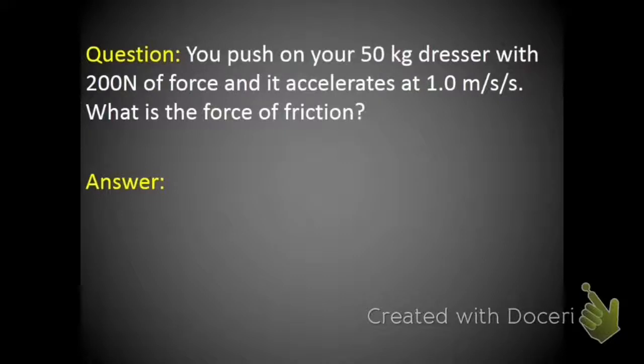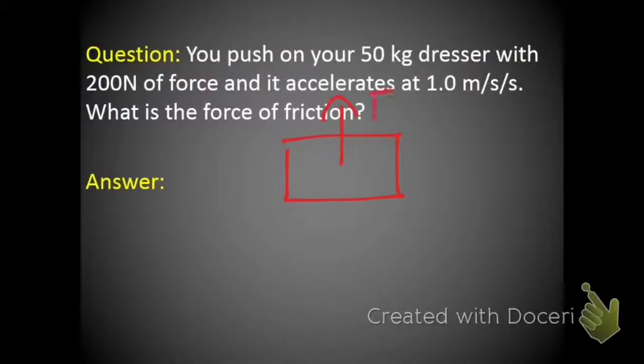Here's another way we can ask a frictional question. Say you push on your 50 kilogram dresser with 500 newtons of force and it accelerates at 1 meter per second squared. What is the force of friction? Normally, we start with a free body diagram.